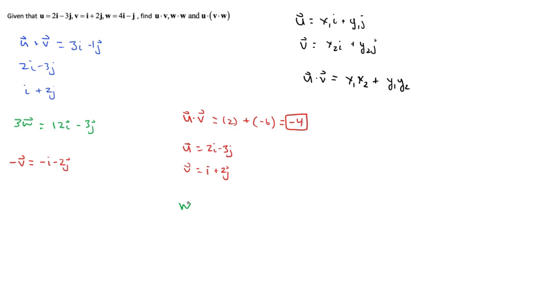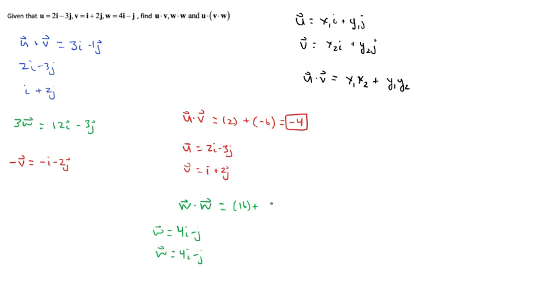So what about w dot w? Well, we know w is 4i minus j, and of course, we're just going to take the dot product of itself. We multiply the i components together, so 4 times 4 gives us 16. And then we multiply the j components together.